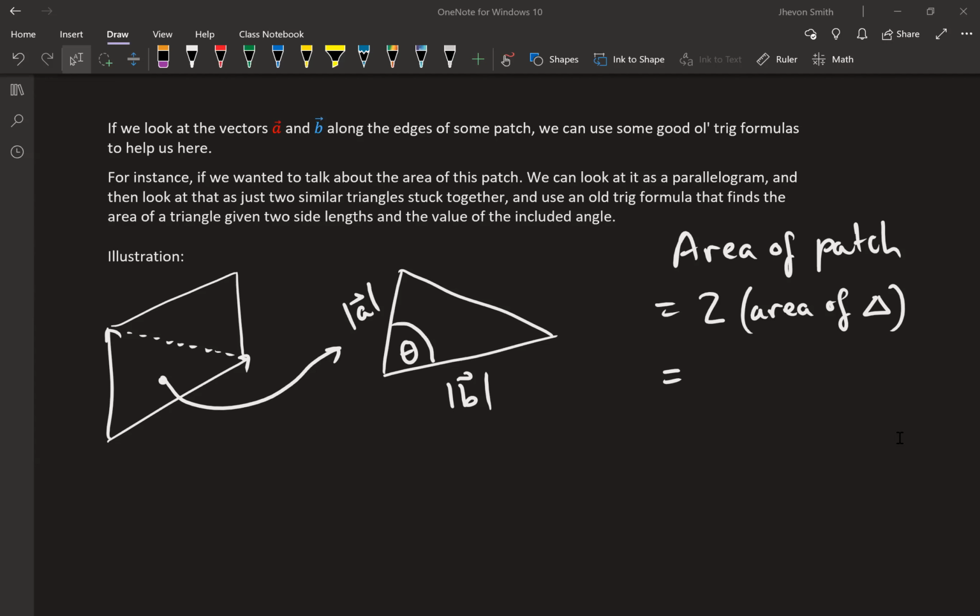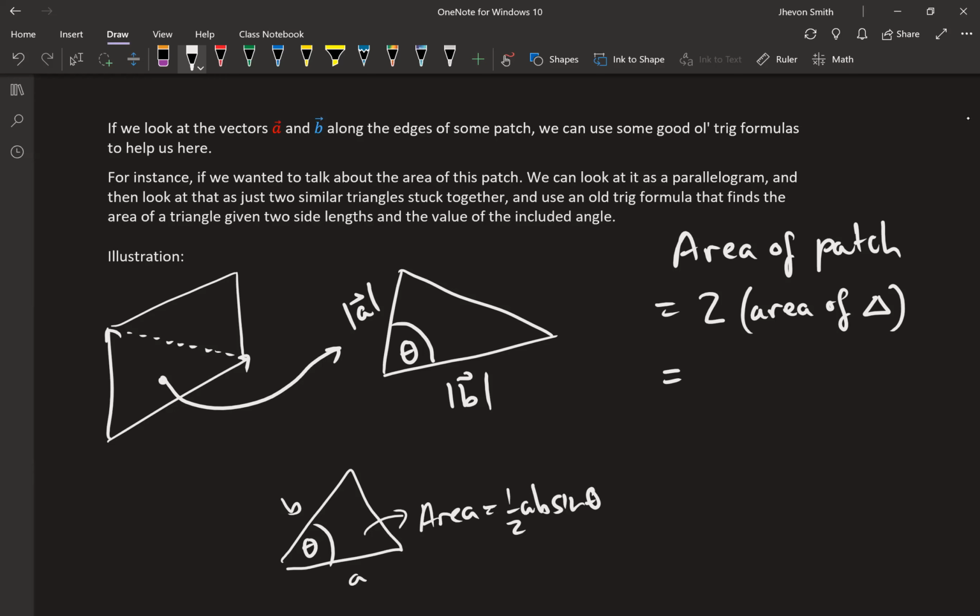Okay, there is a formula that says if you know an angle here and you know 2 sides here, then the area is equal to 1/2 AB sine theta.